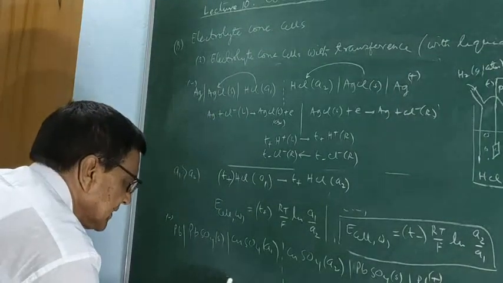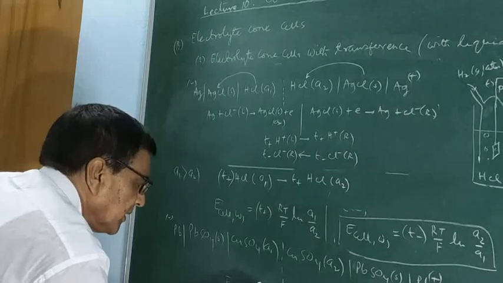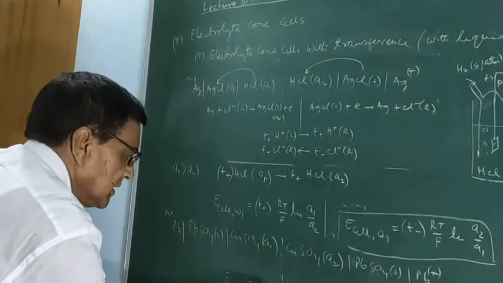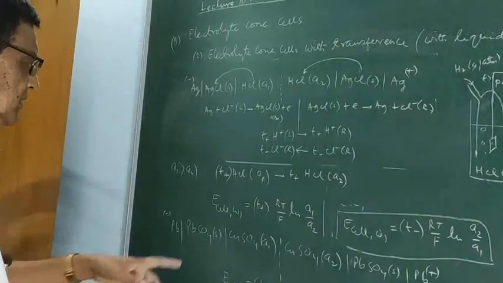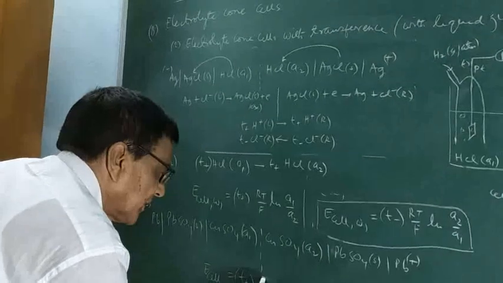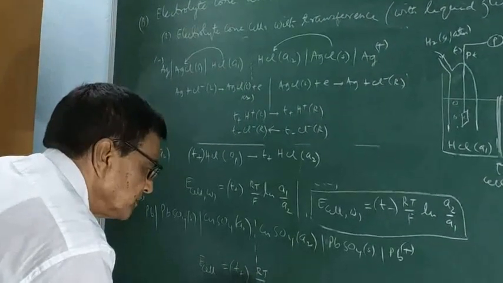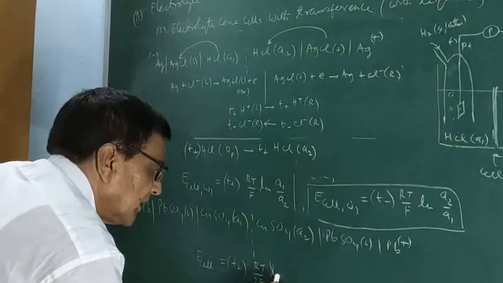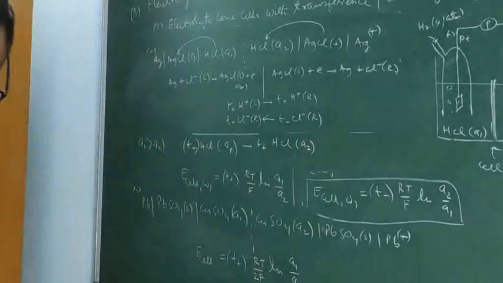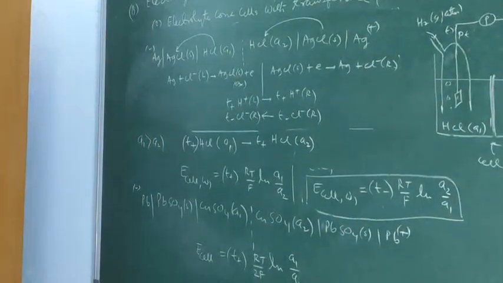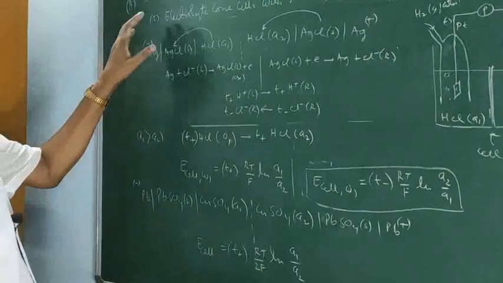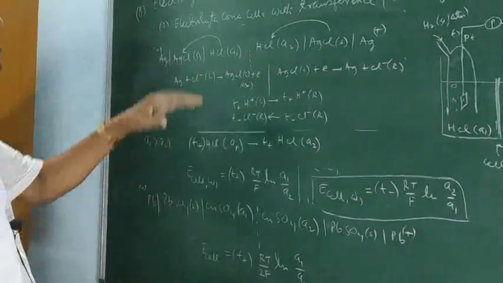In this case E cell will be equal to T plus, the transport number of the copper ion, times RT by 2F ln A1 by A2. So this is all about these concentration cells.